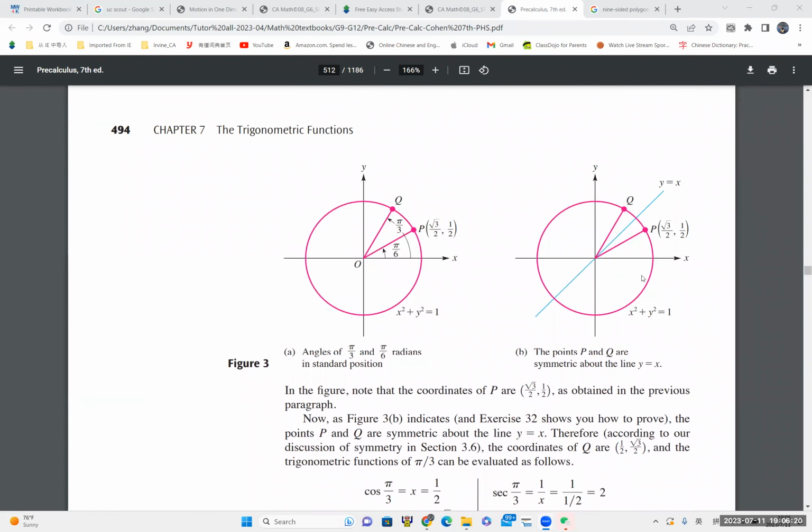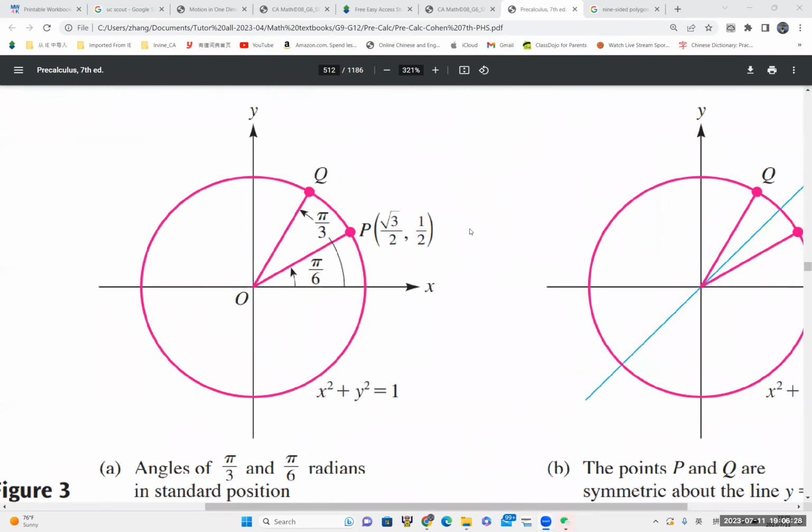I suppose the important thing is to find the coordinates for the terminal point, right? Then maybe you need to solve a right triangle.